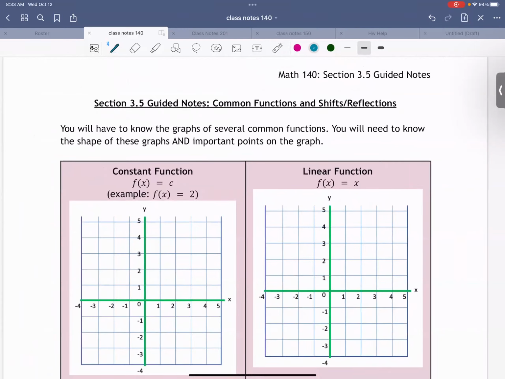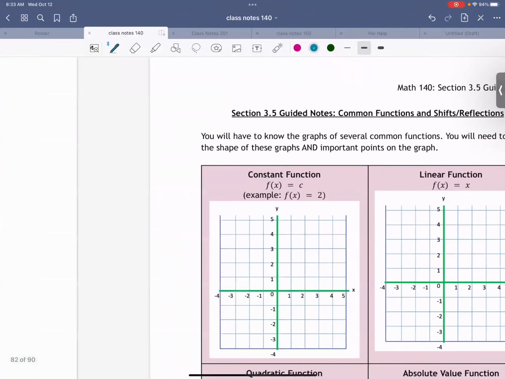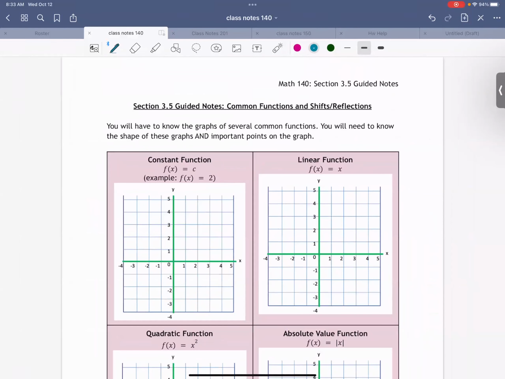I'm going to pass these out real quick. Actually, gonna go 1, 2. There you go.